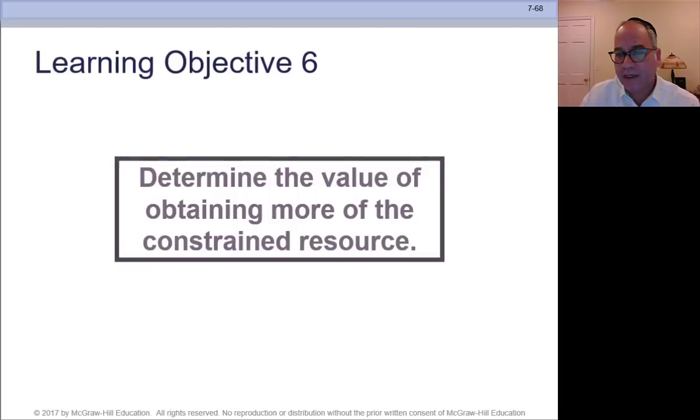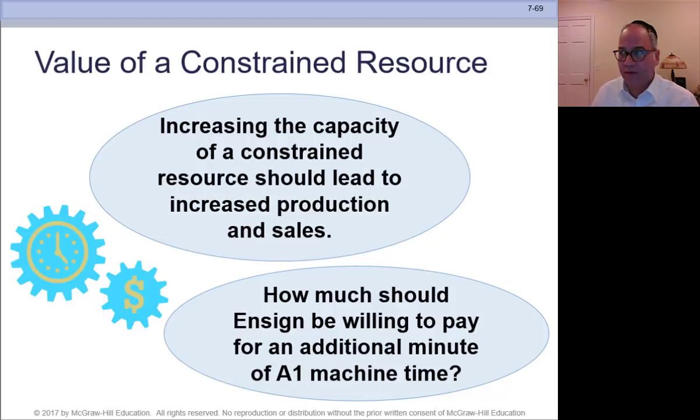Now, what would happen if I could get more of that constrained resource? If I can get more minutes on that pannier machine, what should I do with that resource? Obviously, that's where the problem is, and it should be a key management goal to increase that constraint so you can make more money, because that's what's limiting how much money you can make. We can only make as much money as we can squeeze through that stitching machine.